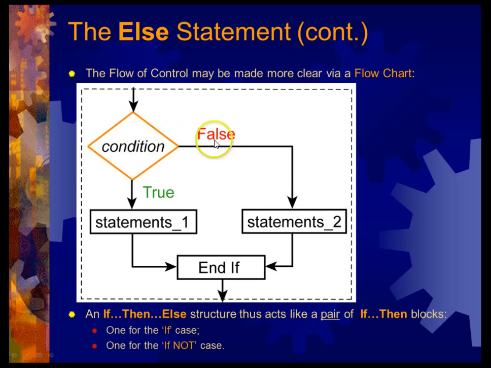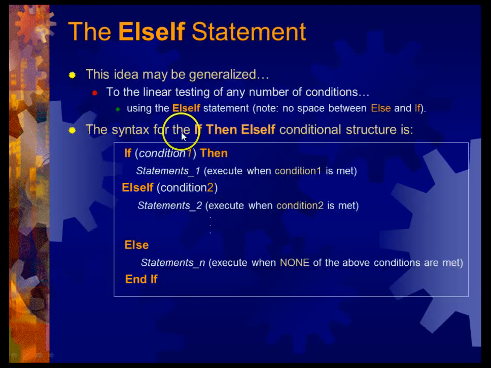So if the condition is false, you do something. If the condition is true, you also do something. Remember the last one, if the condition was false, we didn't do anything. That's why we had to write two if-then statements. Right? Any question?